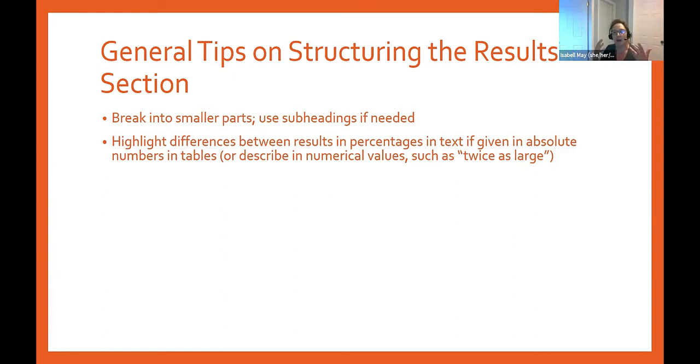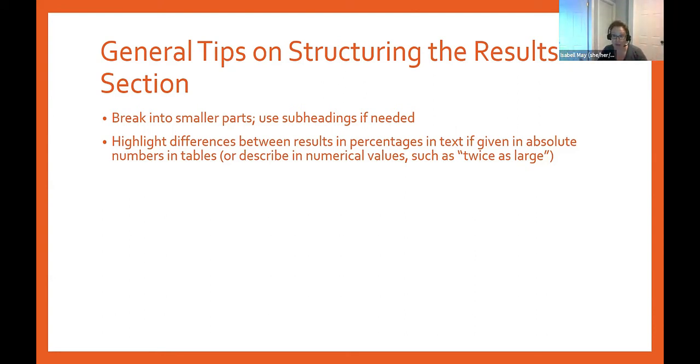It's easier for a reading mind to comprehend that. If we see too many numbers, it gets very confusing very quickly. So leave those for the tables and figures as much as possible. Make it as descriptive as possible within the text, and then see table 1, figure 2, whatever, for more details. That's usually what happens.